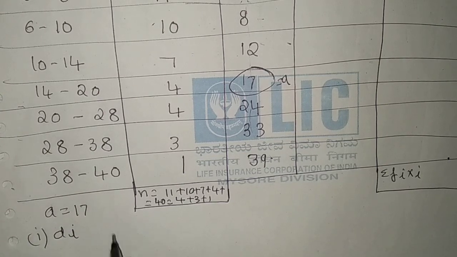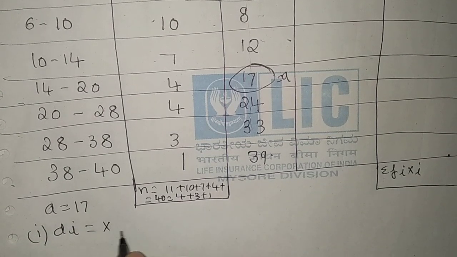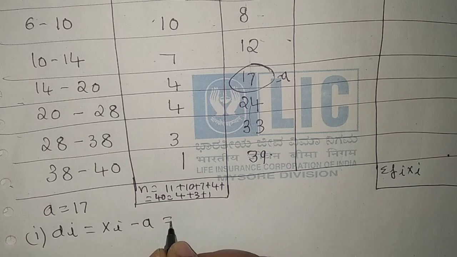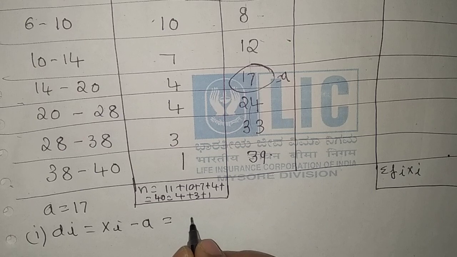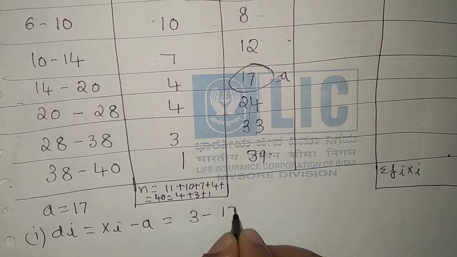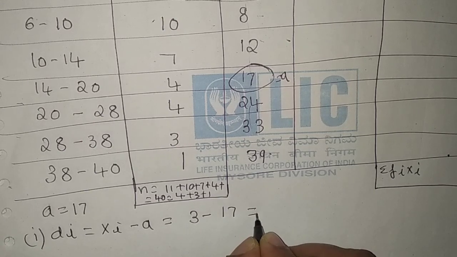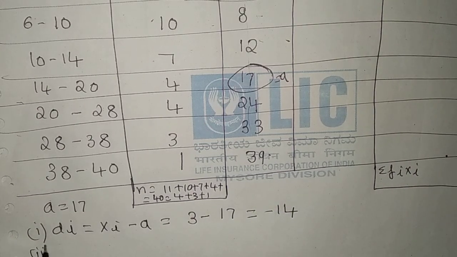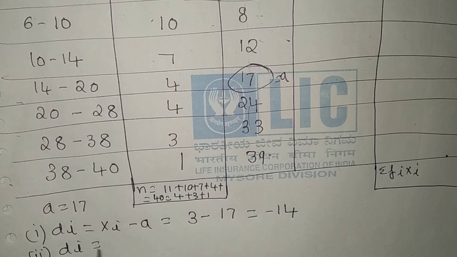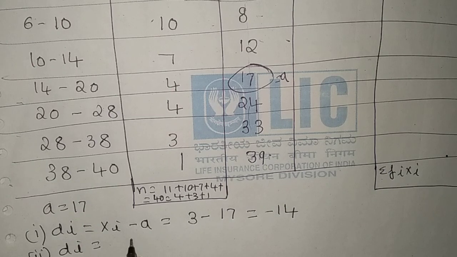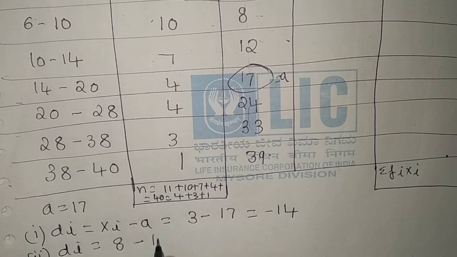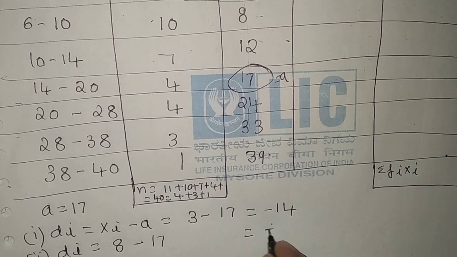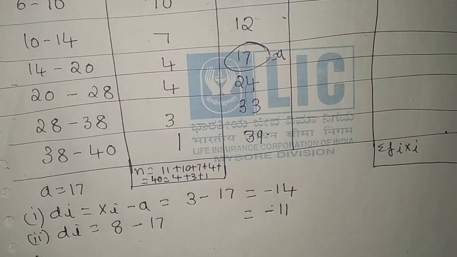First set of values, di is equal to xi minus A. What is xi in the first part? xi is 3 minus A which is 17, equal to minus 14. Similarly, for the second set of values, xi will be 8. 8 minus 17 is minus 9.